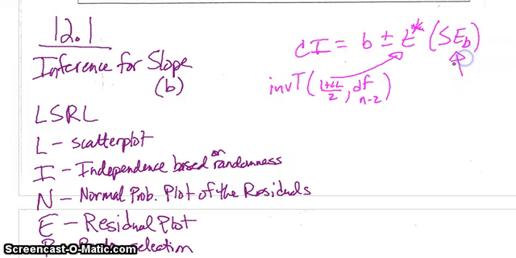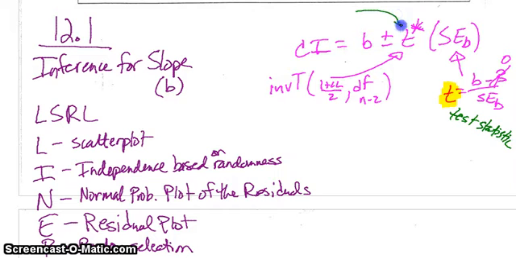Remember SE sub b, our relationship for our beautiful t is b minus beta over SE sub b, so don't forget our shortcut since beta is 0, right? And then we use t as our test statistic, and t critical is our critical value.